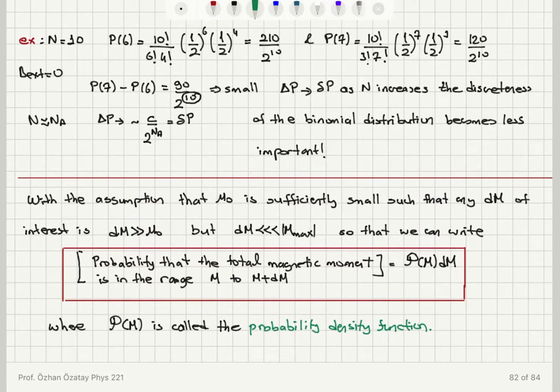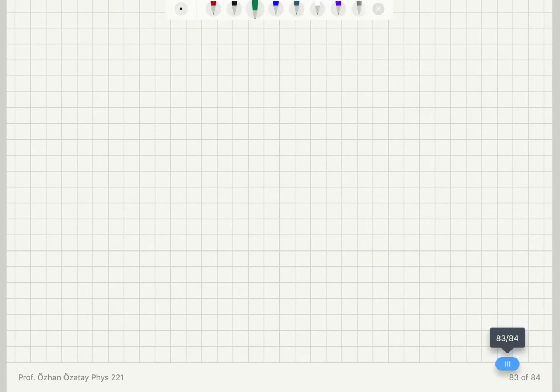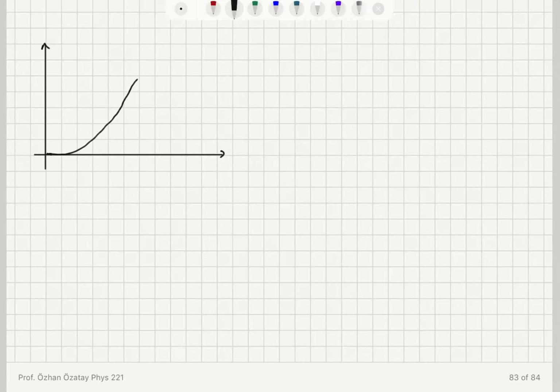Okay, so how am I going to find this probability density function? Let's think about this process here. Let me plot this distribution on a sketch here.